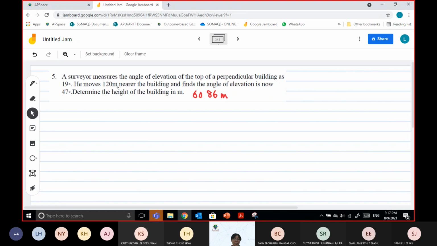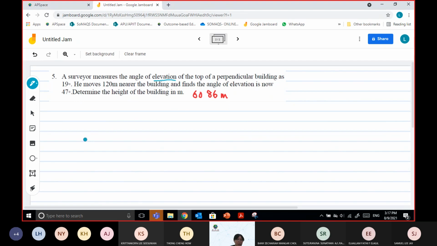He moves 120 meters nearer the building and finds the angle of elevation is now 47 degrees. You need to understand what is meant by angle of elevation. Remember, we went through angle of elevation and angle of depression. Angle of elevation refers to the angle when we look up. When he goes nearer, the angle becomes 47.